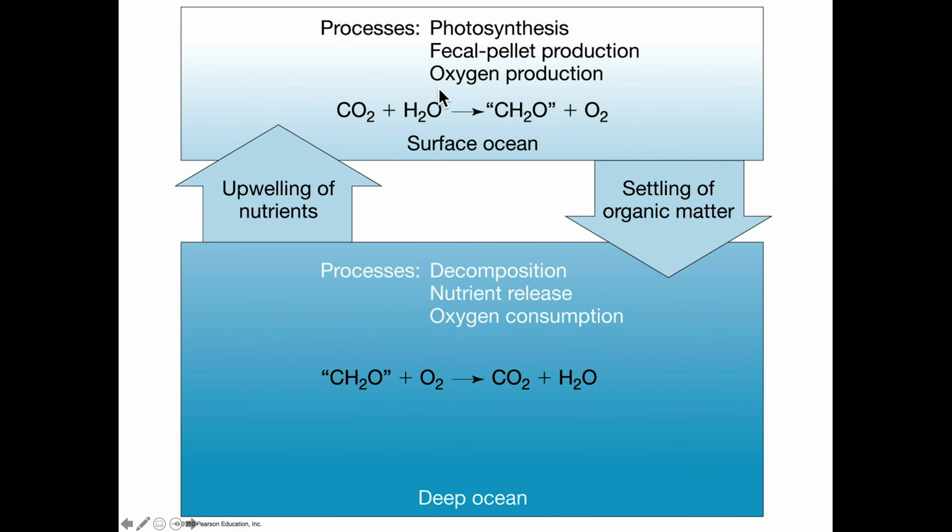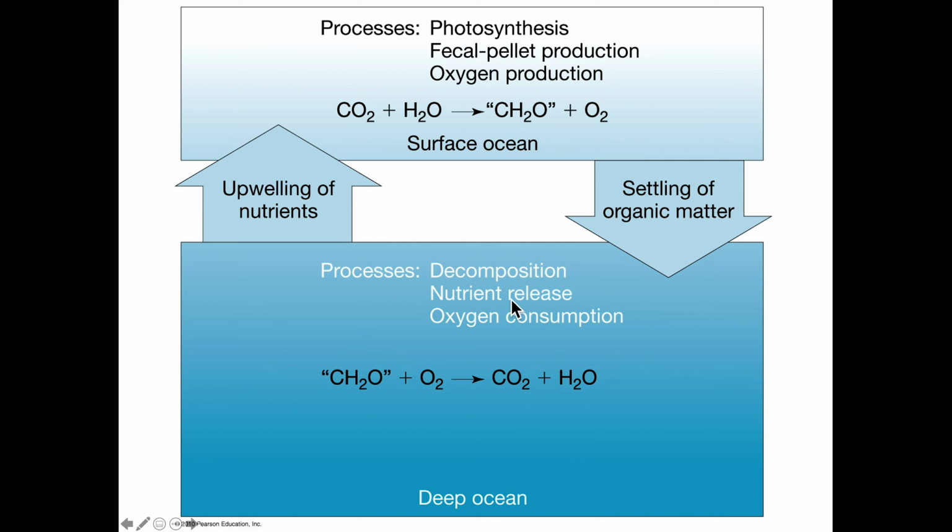Photosynthesis, fecal pellet production, oxygen production, all occur in the surface ocean waters. This is where we have CO2 and obviously water readily available. In the presence of sunlight, we can generate carbohydrates and the waste product oxygen. This organic matter settles, it breaks down.